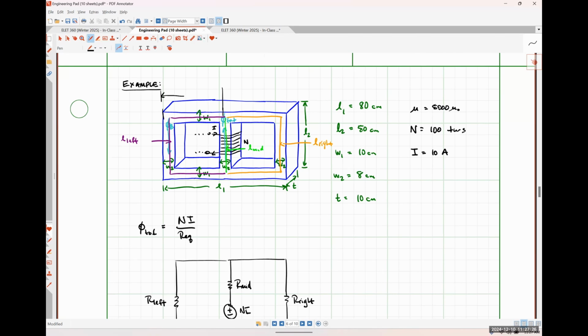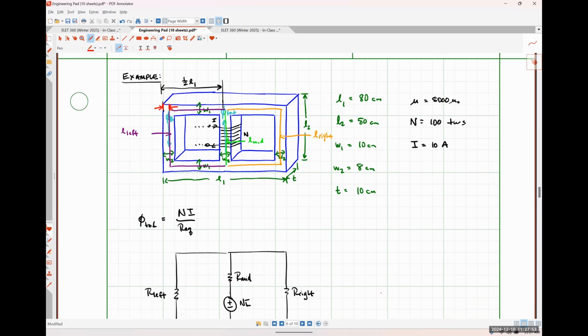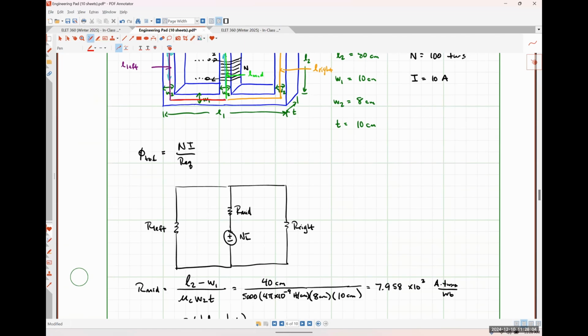So this full length right here is 1/2 L1. Are you okay with that? Okay. Then I also have to take away this little bit right here that I've indicated in red. That is 1/2 of W2. The reason why I've multiplied that whole thing by 2 is because I have this path right here and this path down here of equal lengths. So I'm just adding those two guys together. So that's where the 2 out front came from.